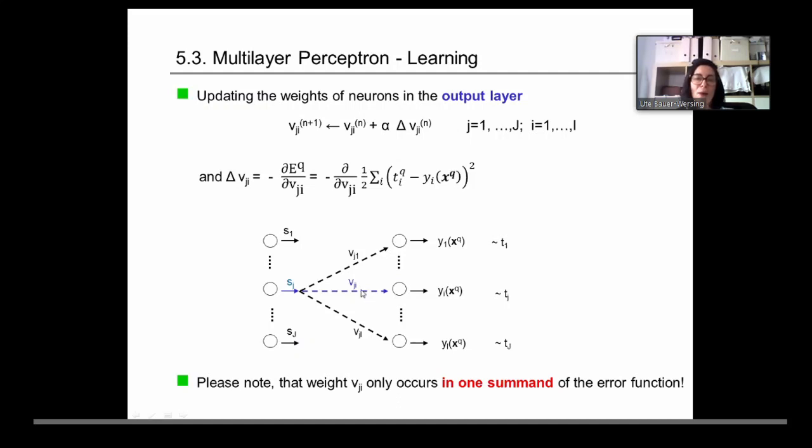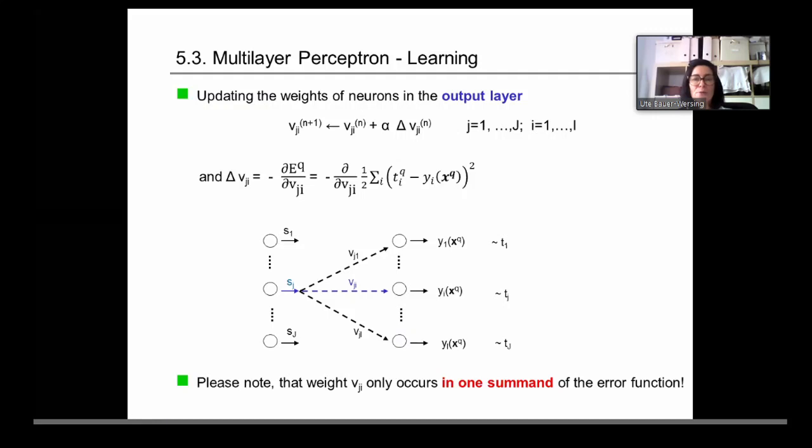We are now updating one weight of one neuron in the output layer, right? And as you can see, this weight Wji is just part of one of the summings of the sum over i. So this makes this problem very similar to what we already did for Adaline. We have i Adalines here in the output layer.